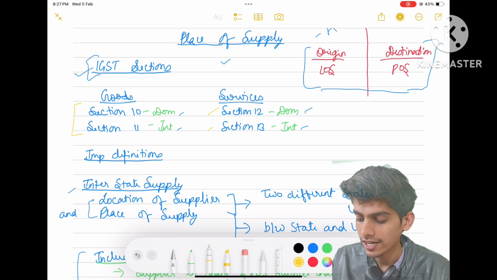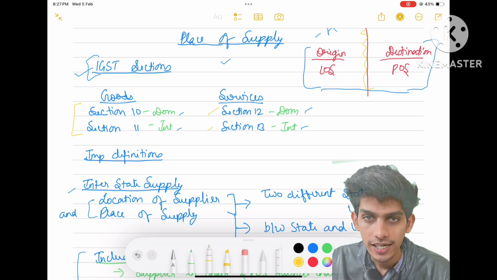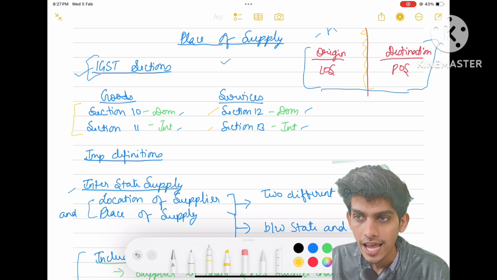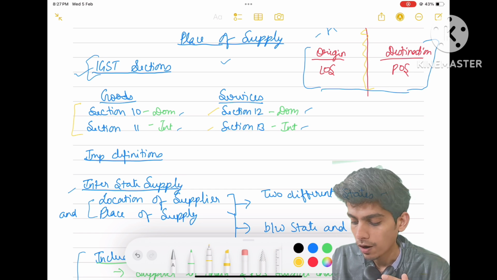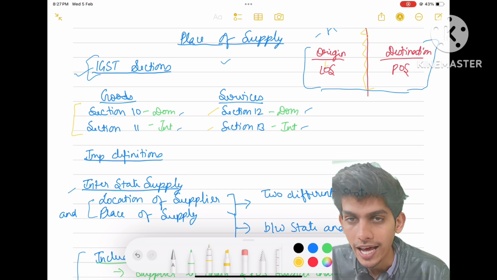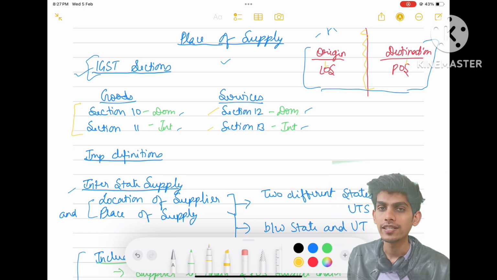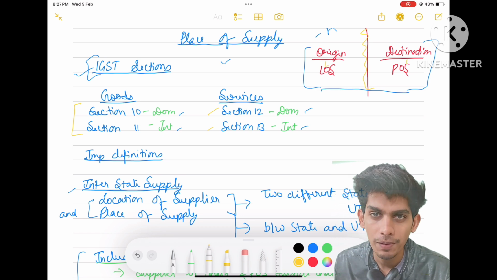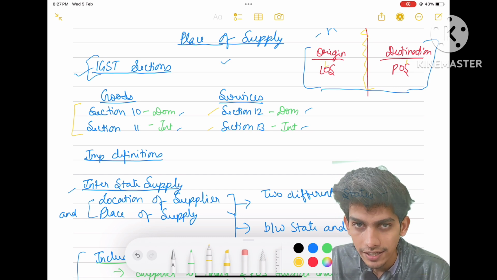If the origin and destination have some border between them, it can be a border of a state, a border of a union territory, or a border of a country. Origin will be the location of supplier and destination will be the place of supply. If there is any border between location of supplier and place of supply, then it will be interstate supply.